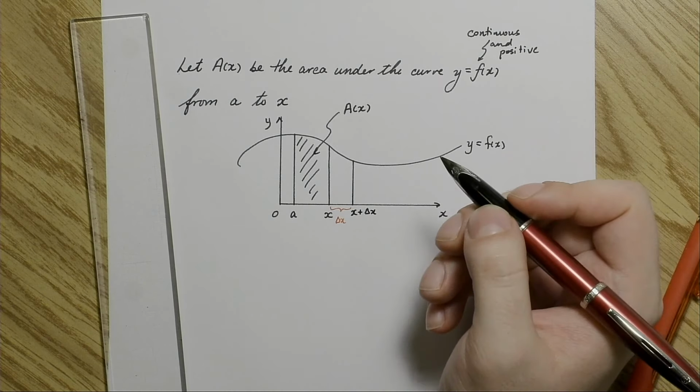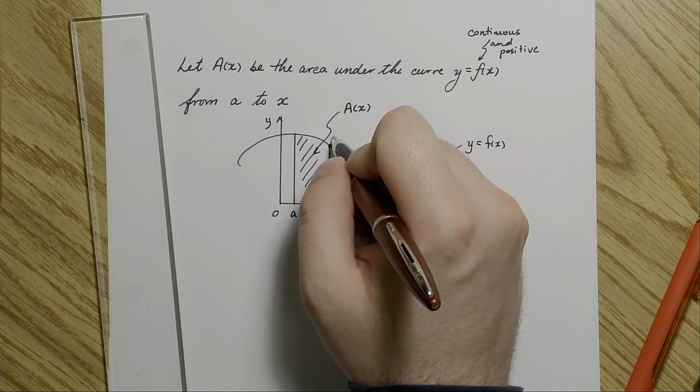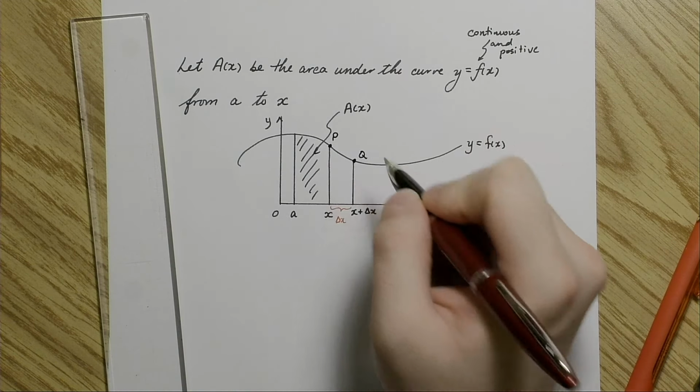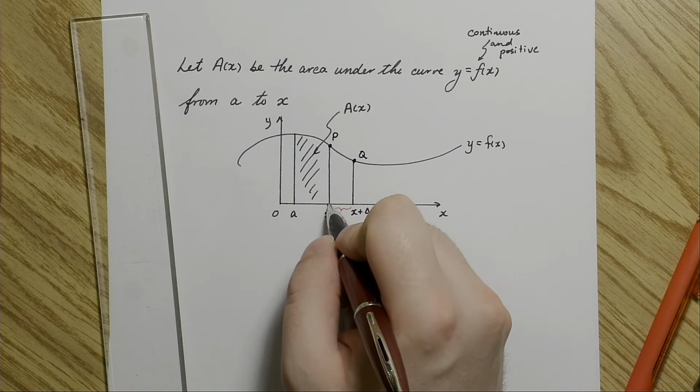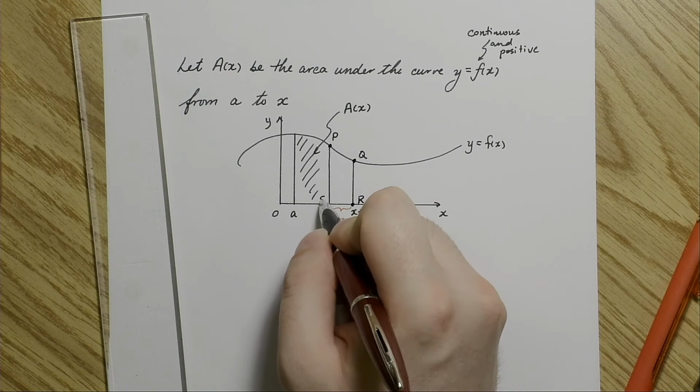Okay. So at this point right here, this is P, and we're going to call this, say, Q, and I have a point here, we'll call this R, we'll call this S.